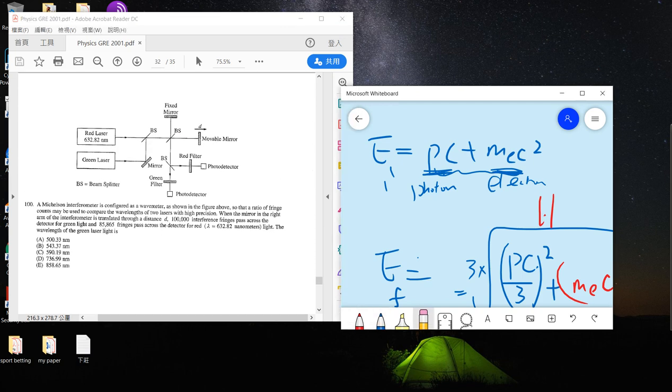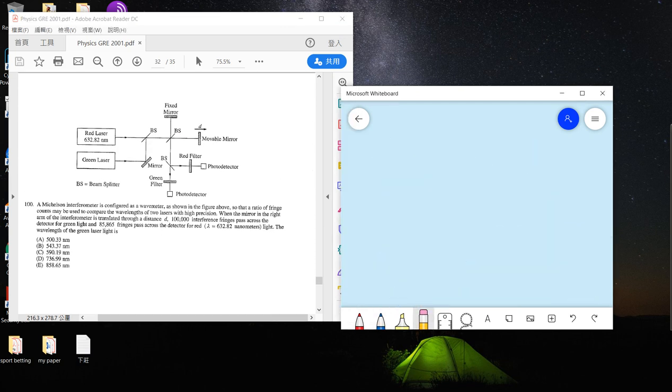Okay, so 100. Final question. This question is very long. I suggest that you read it by yourself. All you need to know is that the change of the different light paths will correspond to a different number of fringes. The fringe shift occurs when d equals lambda.